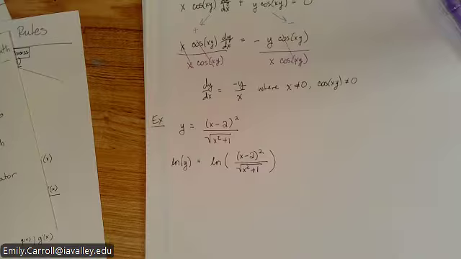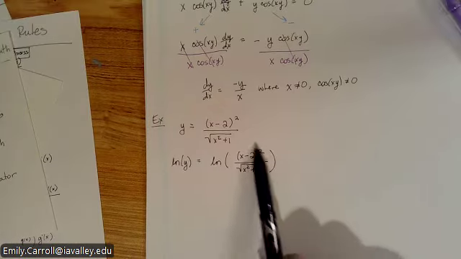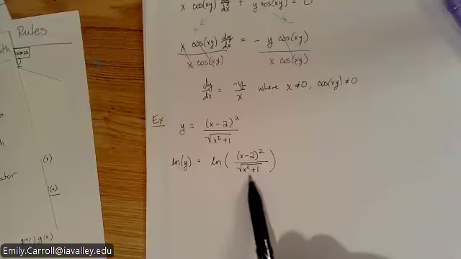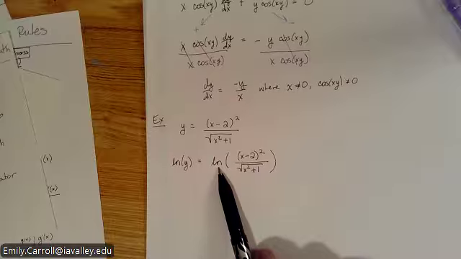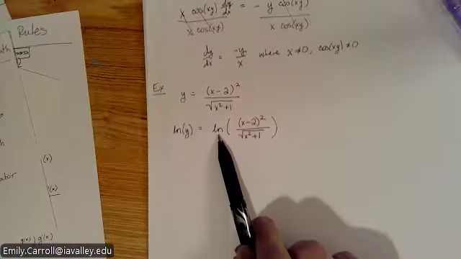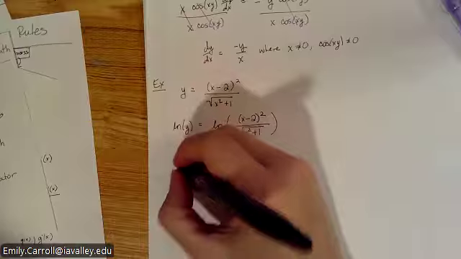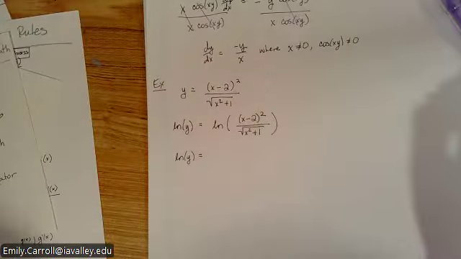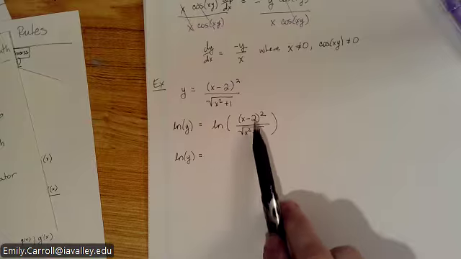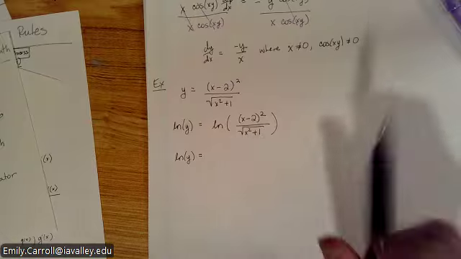Now, here's the cool thing. This is why I want to do this, because I've got all those neat properties of logarithms that are going to make this expand out. The logarithm here is going to get rid of my chain rule and my quotient rule. So ln of y equals, all right, well, a quotient turns into subtraction.